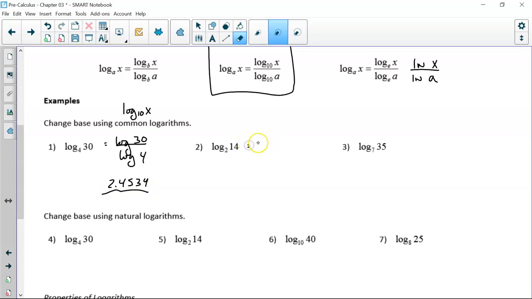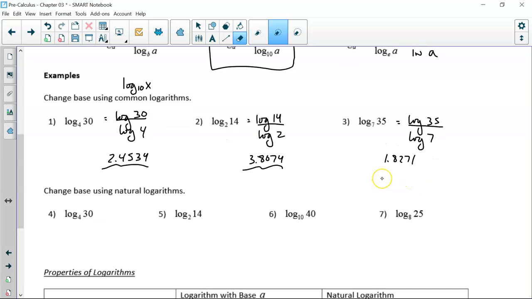For number 2, we would rewrite as the log of 14 over the log of 2. And that's going to be about 3.8074. And for the last one, log of 35 divided by the log of 7. That's going to be about 1.8271.